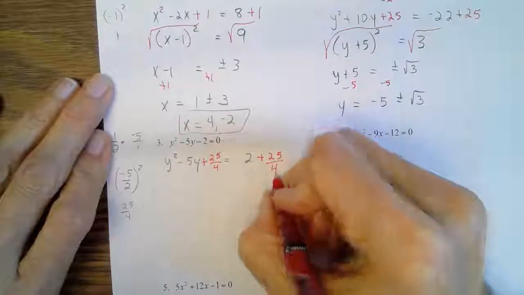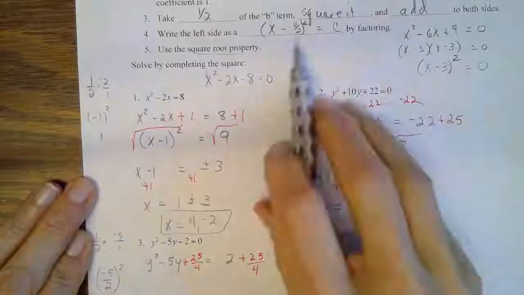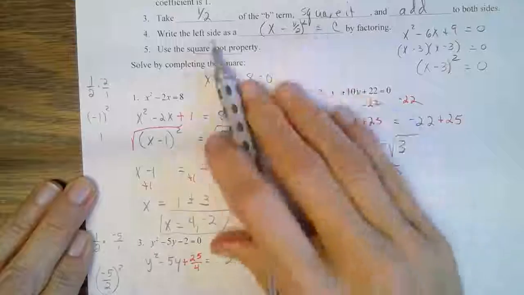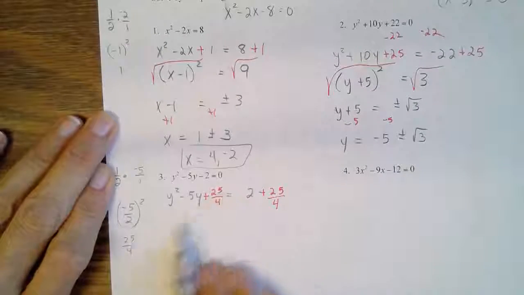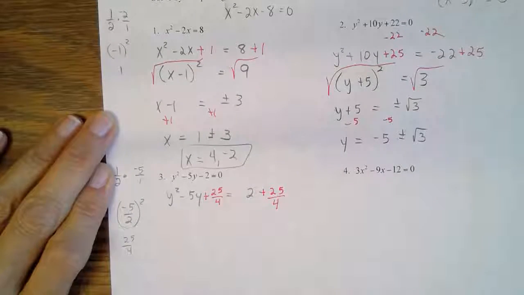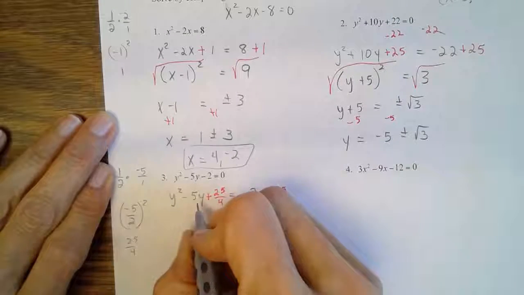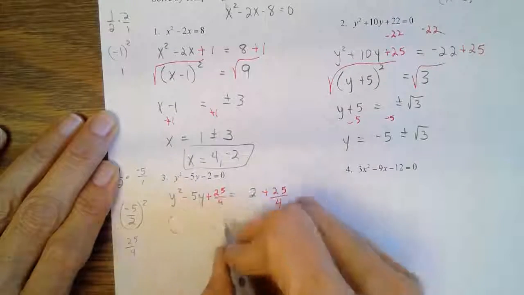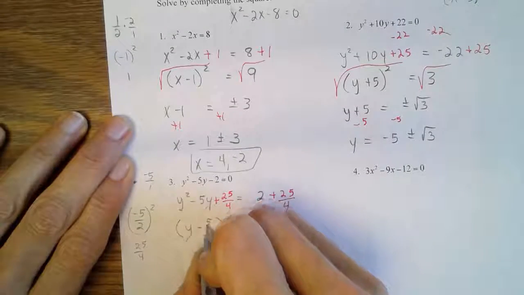Now, up here it says whenever you complete the square and you take half squared and add it to both sides, when this factors out, you're actually going to use the 5 halves. And so since it's a negative 5 in the middle term, this is going to factor out into y minus 5 halves quantity squared equals. Now we've got a problem.